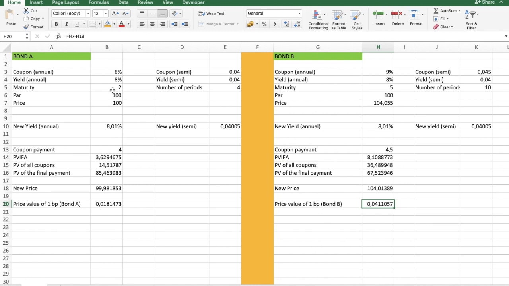Every time these two factors go up, so does the bond's volatility. So this is for the first task.